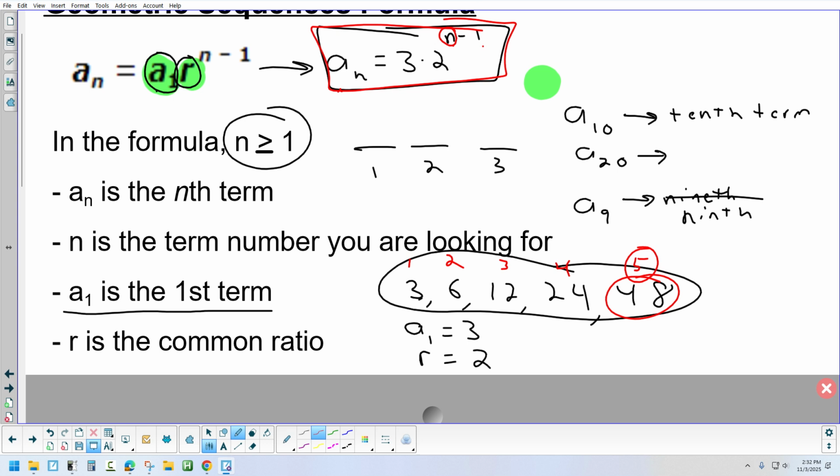Caleb, could you help us? How do we use that formula to predict the seventh term? Which one? The one up top? Yeah, that formula in the red box. We're going to use that formula to calculate the seventh term.